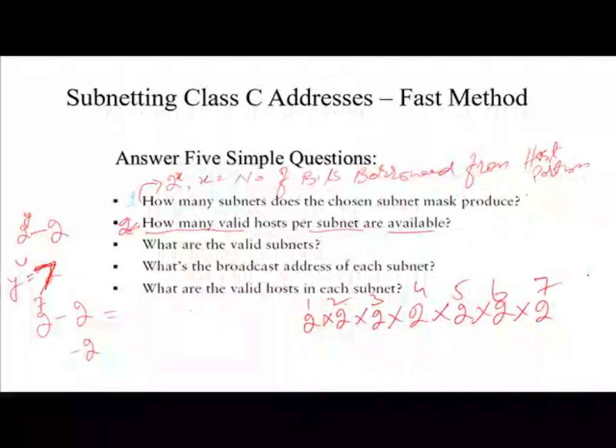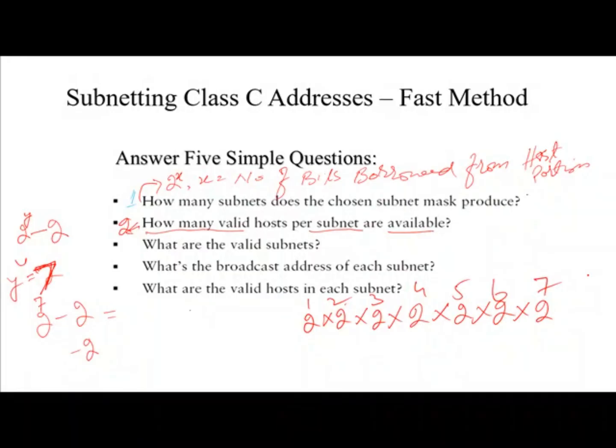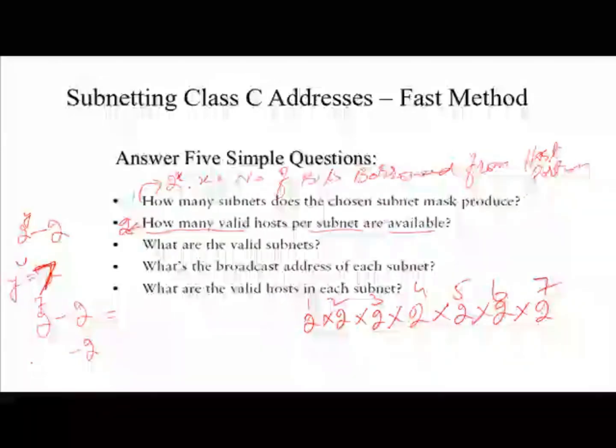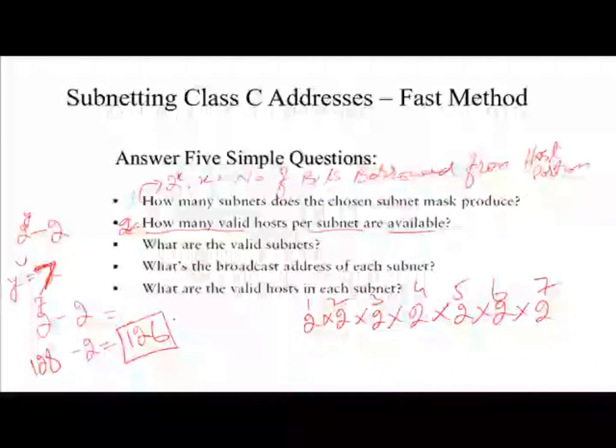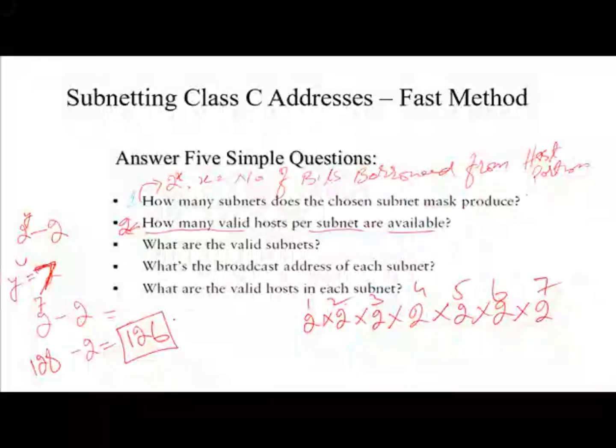If you multiply that 7 times, it will be 128. So what will be the final result? 128 minus 2, 126. So it means that in one subnet we can assign 126 IP addresses to computers. It means 126 computers can be assigned an IP address.